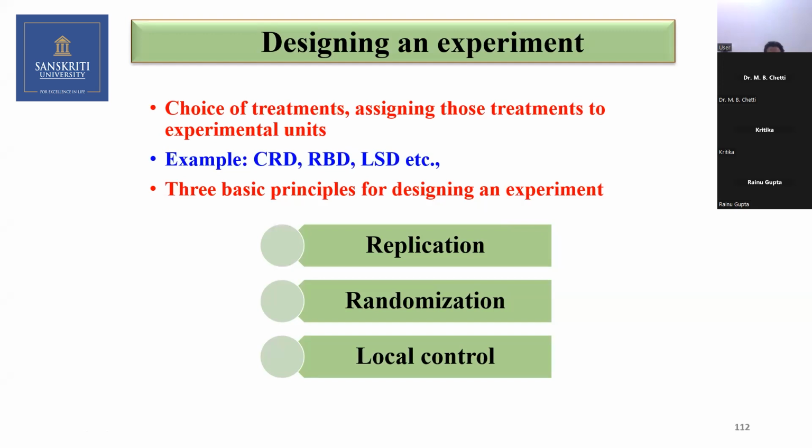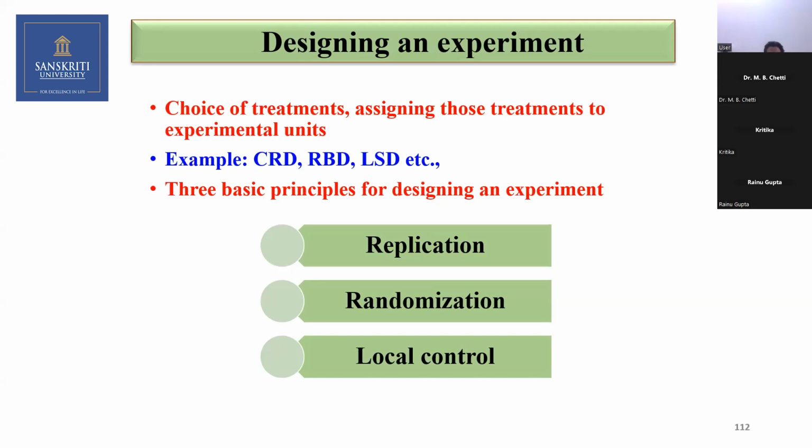Replication means repetition of an experiment under identical conditions. Suppose you are repeating an experiment in Sanskriti University on one campus and then on a second campus, all measures should be identical: temperature, relative humidity, all ingredients should be the same.